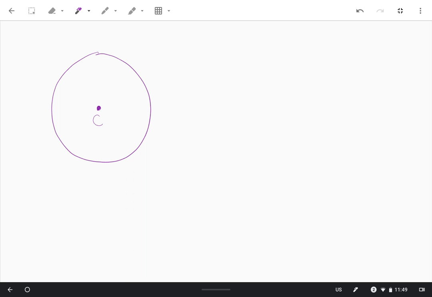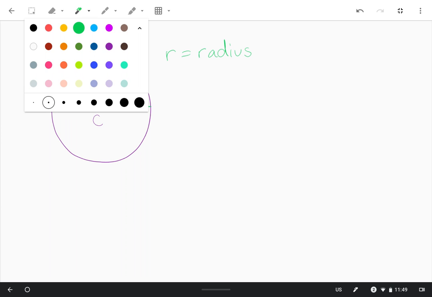We have some names for some different distances within a circle. The first main thing is the distance that we use to measure. This distance that we used to originally measure the circle, we call the radius. Probably the most important value within a circle is going to be that radius value.